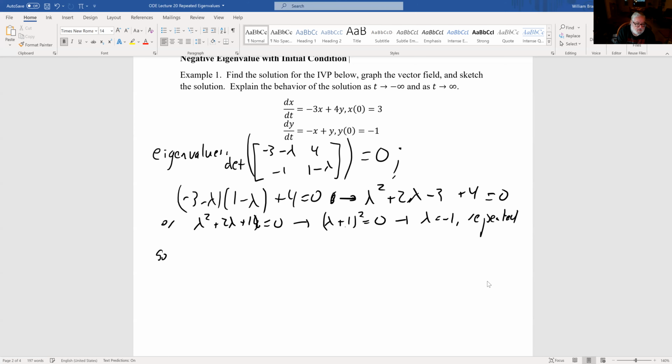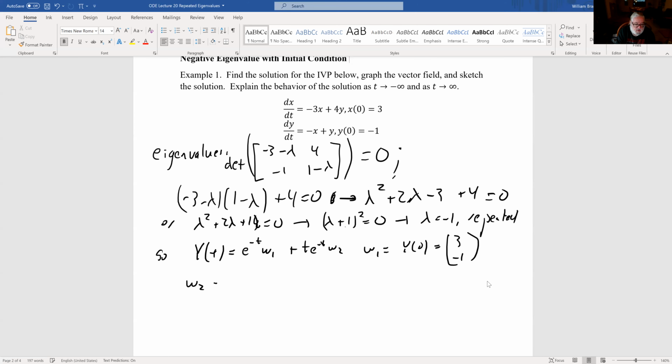Okay, so you can write down the solution pretty easily. y of t equals e to the minus t w1 plus t e to the minus t w2. w1 is our initial condition, which is (3, -1).